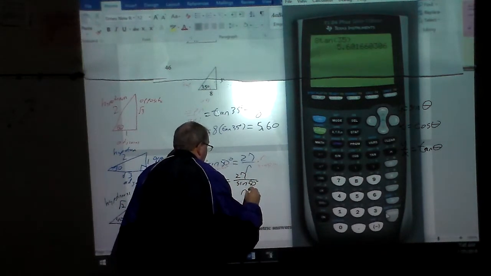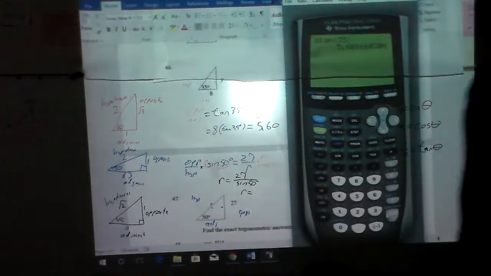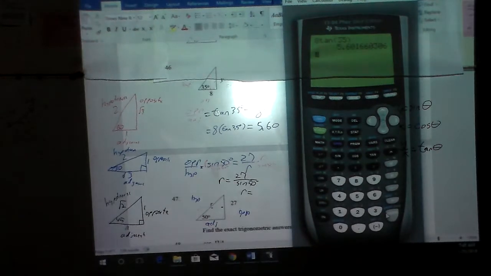So I'm going to go over here to my calculator, and that's what I'm going to type in: 27 divided by the sine of 50 degrees. I already know I'm in the correct mode. Enter, and I get 35 point, it's going to round to 2 places.